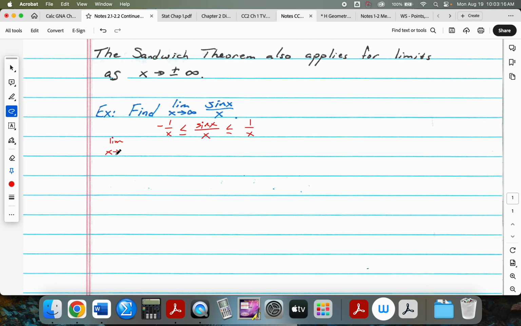The limit as x goes to infinity of -1 over x is 0. And the limit as x goes to infinity of 1 over x is also 0. Therefore, the limit as x goes to infinity of sine of x over x has got to be 0 because it's squeezed in between the two.